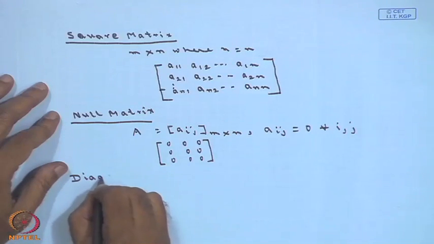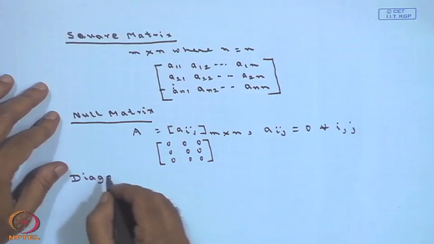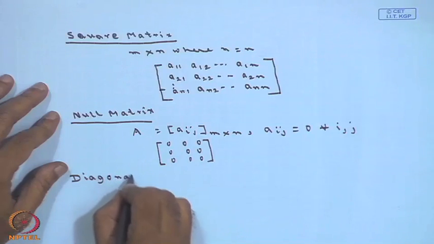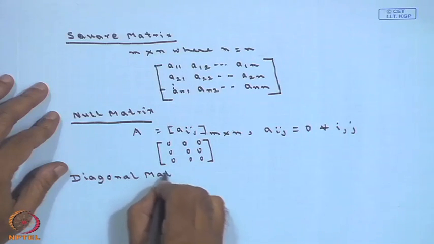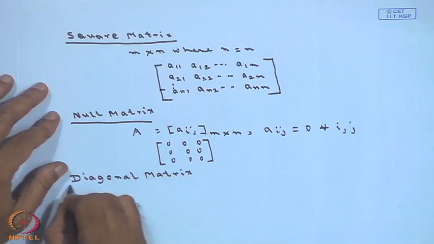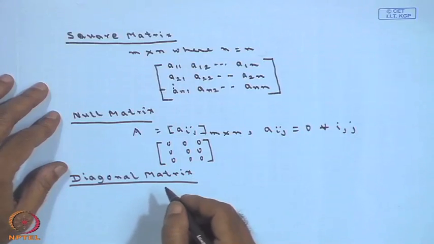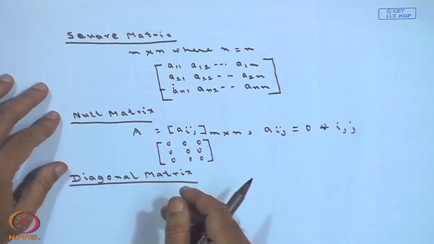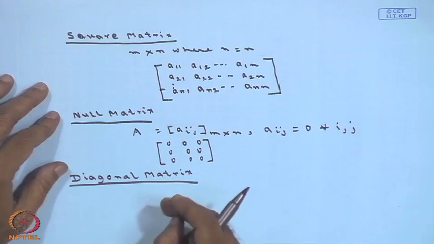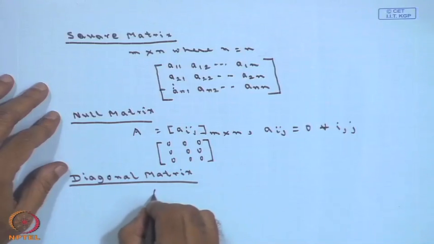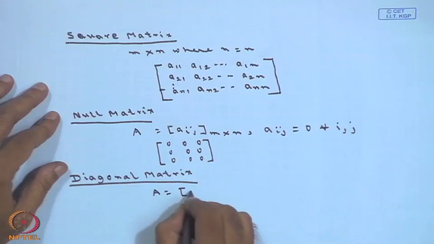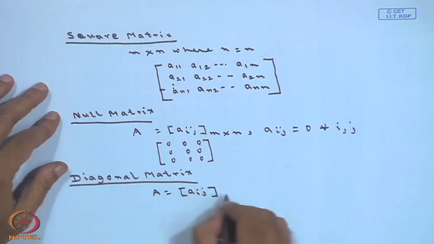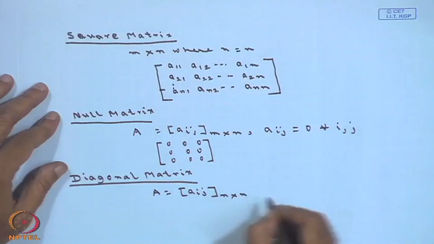Next, diagonal matrix. Please note that this is a square matrix, not a rectangular matrix, that is, I am writing A_ij of order n cross n.